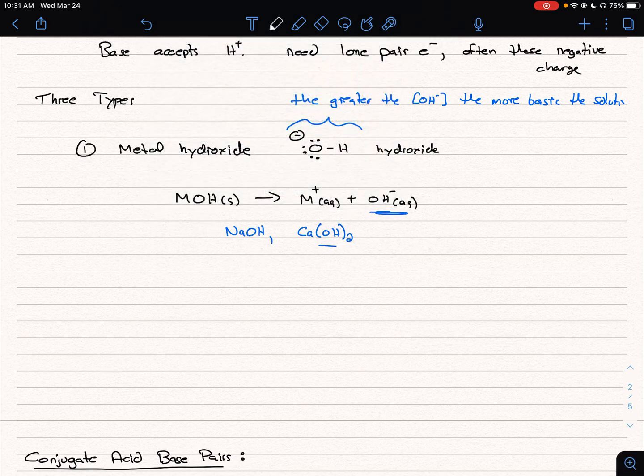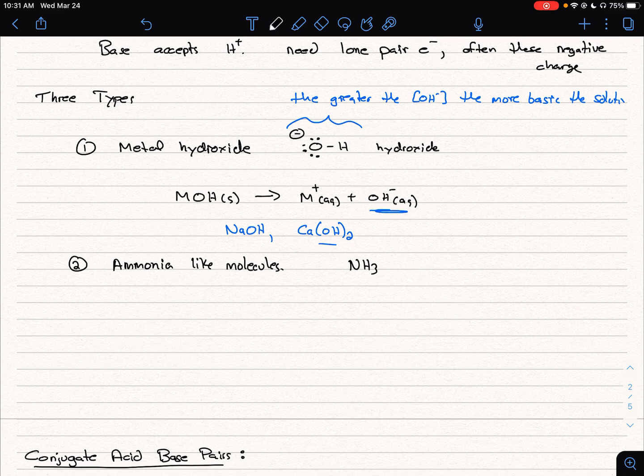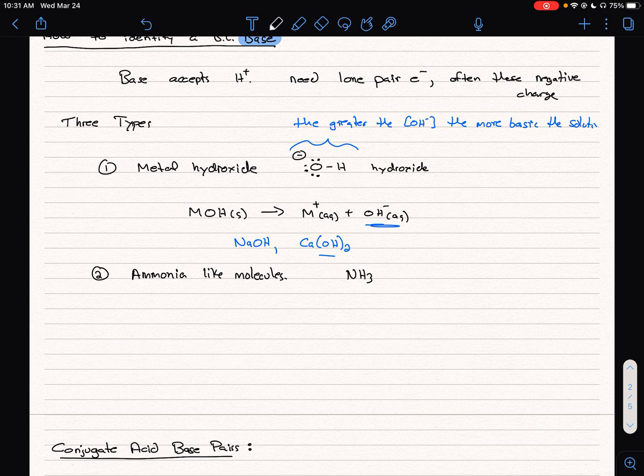The second main class of base that we should be aware of are what I'm just going to describe as ammonia-like molecules. So ammonia is NH3, or drawn out, we have nitrogen with a lone pair and then 3 bonds to a hydrogen.